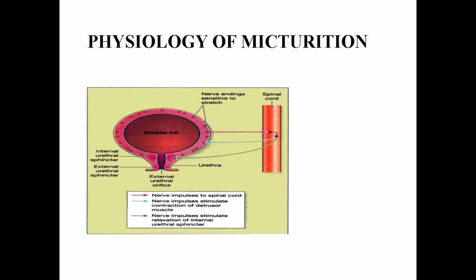So when the bladder smooth muscles contract, the internal urethral sphincter relaxes, and the external urethral sphincter muscles open in order to allow urine to flow into the urethra and to the outside. Okay, so that's the physiology of micturition, and we are done with our presentation on the urinary system.